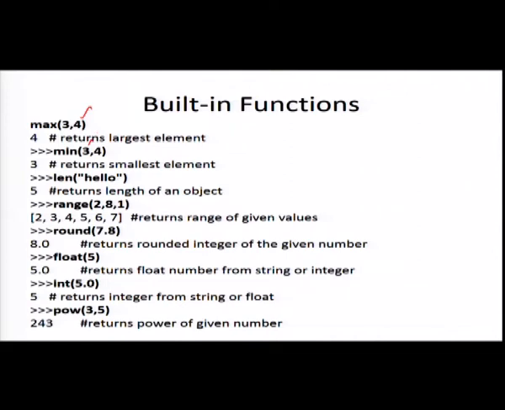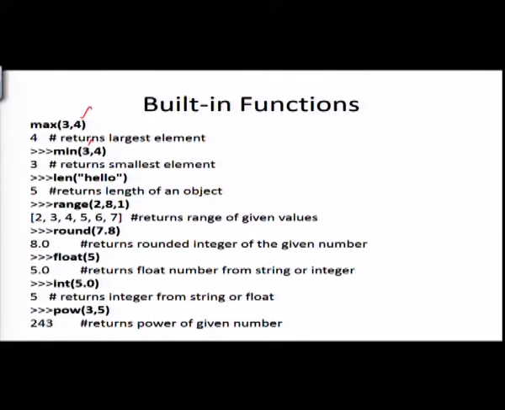If I give len of hello, this will give the overall length of a string, that is, how many characters or letters the string has. This particular string has 5 letters, so it will return 5.